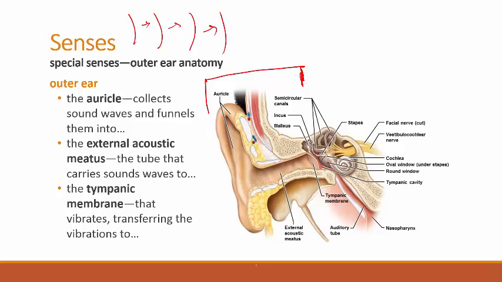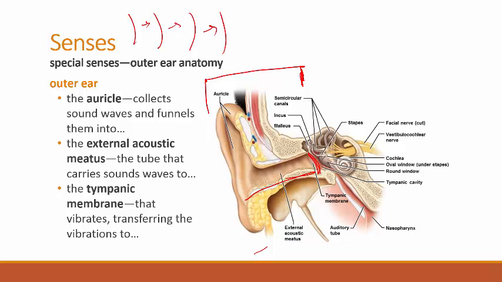That's the tube here. Hopefully you learned that term back when we were talking about the skeletal system. It leads toward the tympanic membrane, which is a layer of epithelial tissue that separates the outer ear from the middle ear. Here's the tympanic membrane.